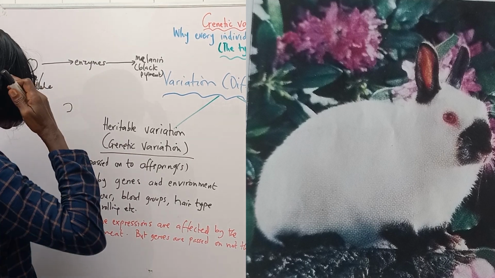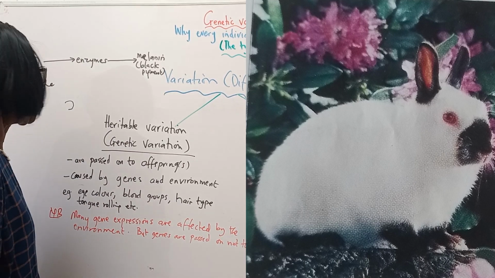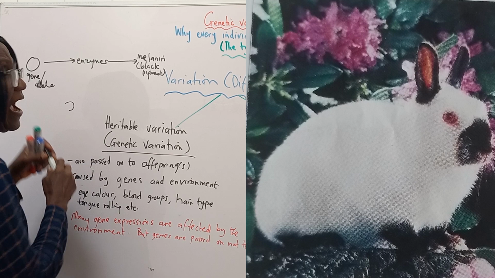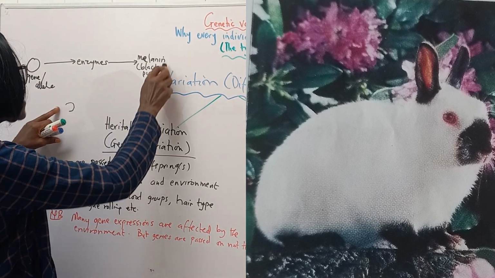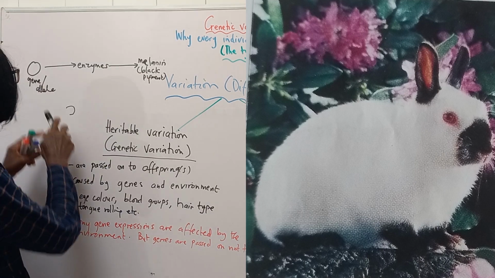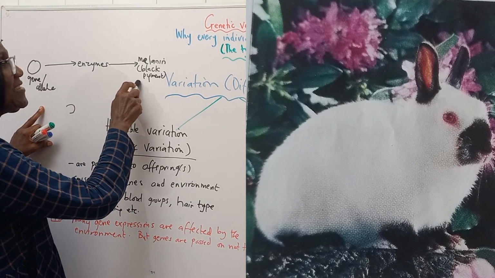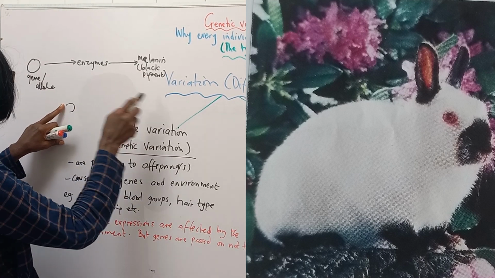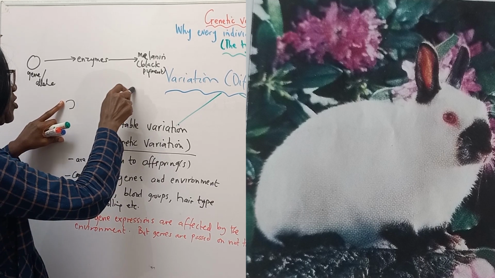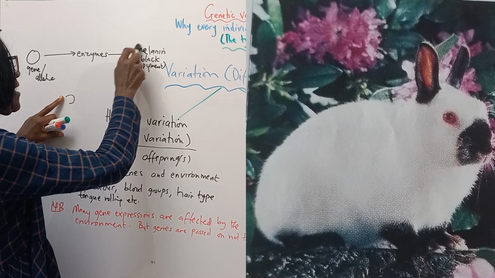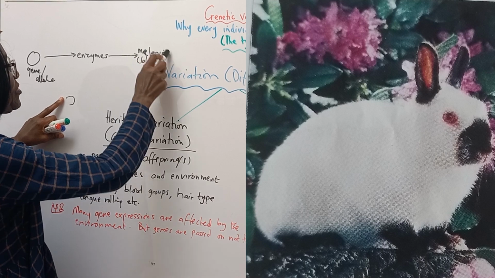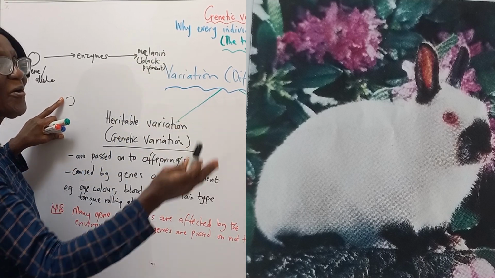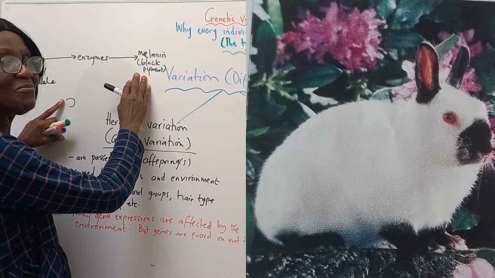The nose, the ears, the toes, the feet, they are exposed to coldness. And because those parts are exposed to coldness, the gene, because it's heat sensitive, that is environmental, where the body is cold, will cause more melanin to be produced, to be black. You know, melanin is black, so it absorbs heat from the environment and keeps the animal warm.